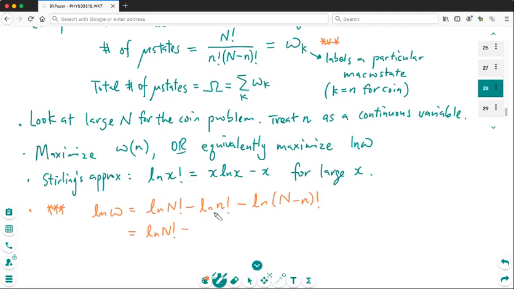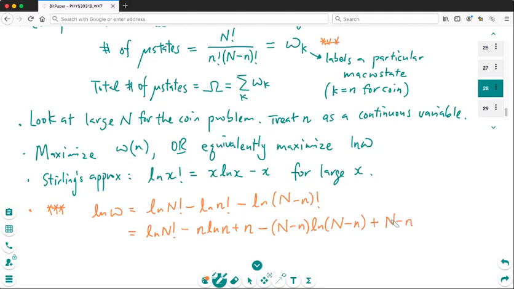But this one I'm going to manipulate a little bit so I can take the derivative more easily. So I will have n log n minus n. There's a minus sign, so it's plus n. And then the second term I will have big N minus n, log of big N minus n, minus big N minus n, but there's a minus sign, so I add the plus, big N minus n.